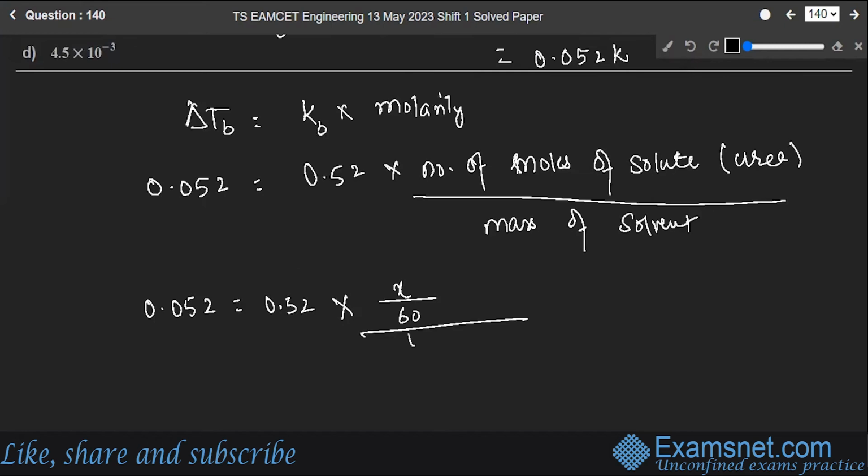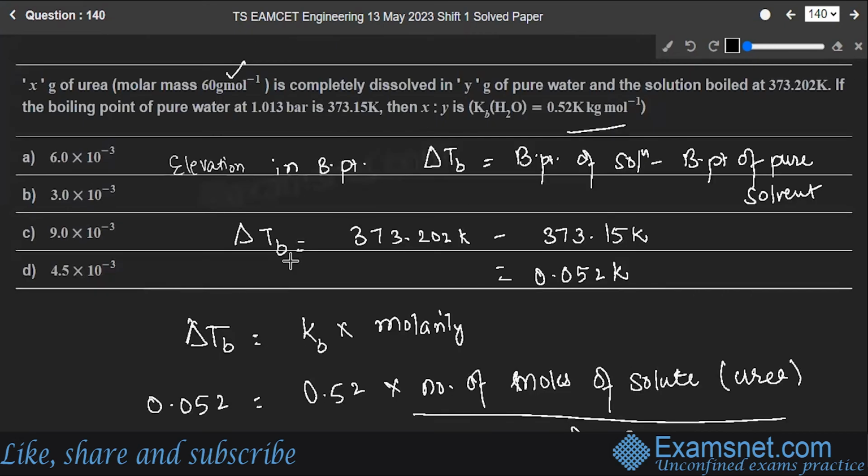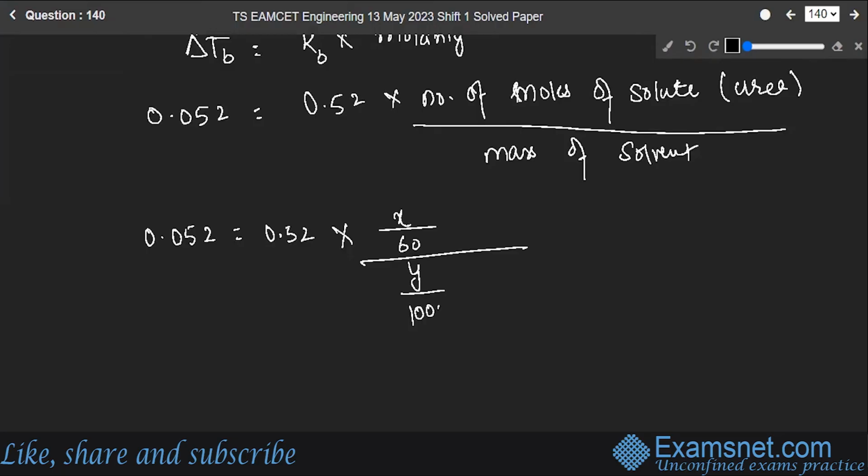And weight of the solvent, it's in kgs. This is in gram, so I have to convert into kilograms. This will be y upon 1000. So this will cancel.